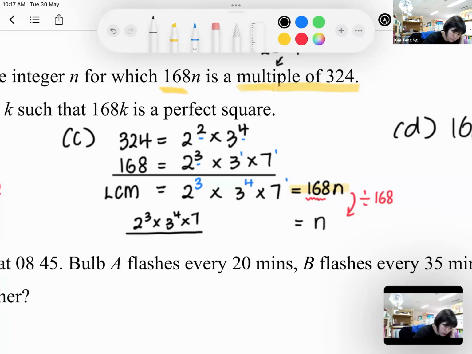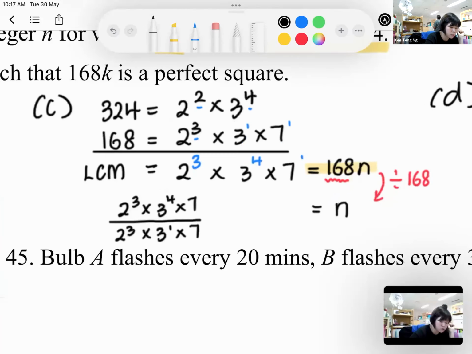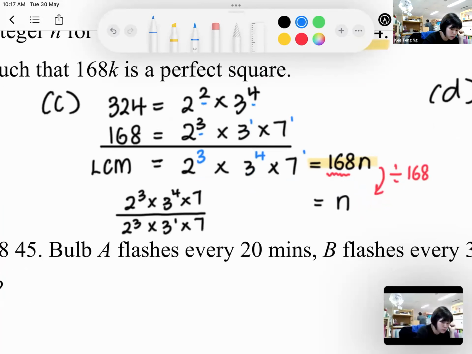Okay, so this 168 is 2 cubed, 3 to the power 1, 7. Then if you were to do this, we start to cancel. On top got 2 to the power 3, bottom 2 to the power 3, can cancel. 3 to the power 4 on top, bottom got 3 to the power 1.